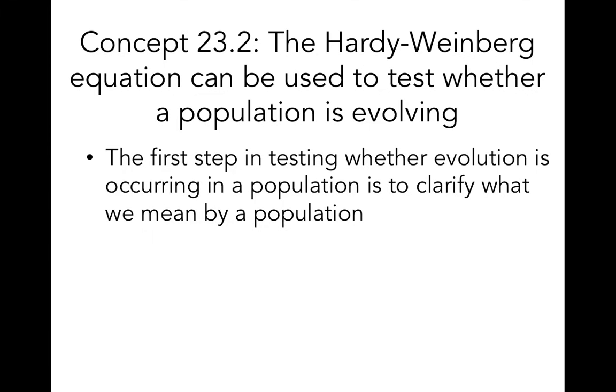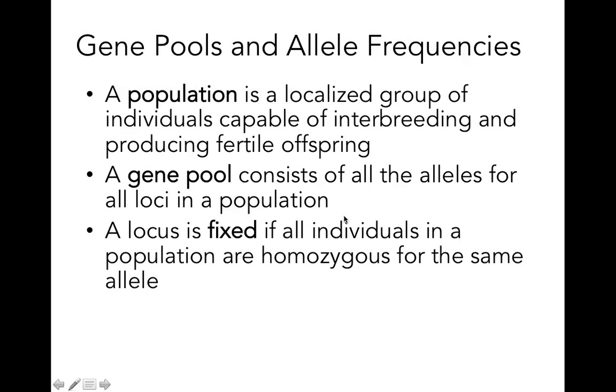If there are changes in the model, then the population is evolving. So we're wondering what's happening in a population, whether or not it is evolving. What do we mean by a population?